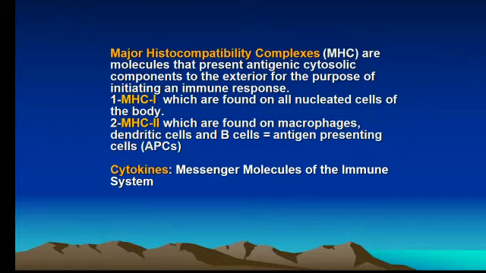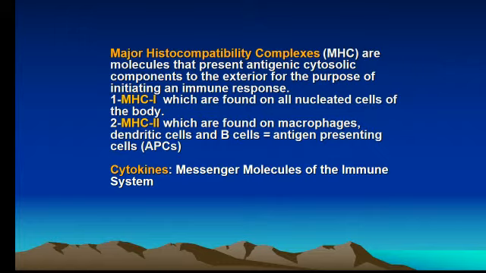Major histocompatibility complex 2 is found on macrophages, dendritic cells, and B cells. They are APCs.